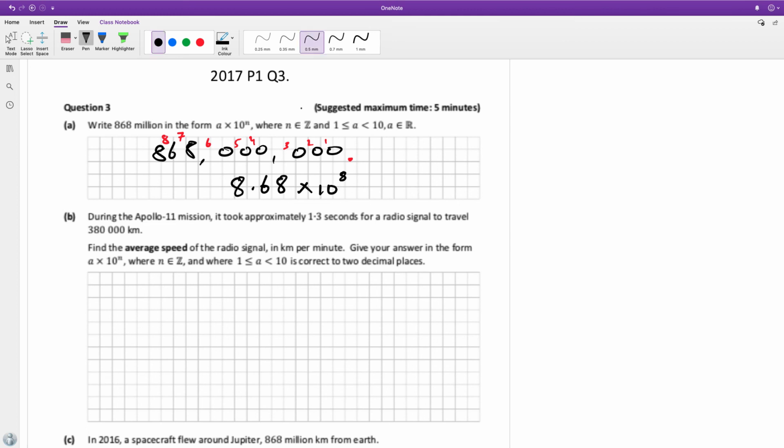Good girl. What's my triangle? DST, distance, speed, time. Right, I'm looking for what? What is speed? What's the formula for speed? Distance over time. What's my distance?